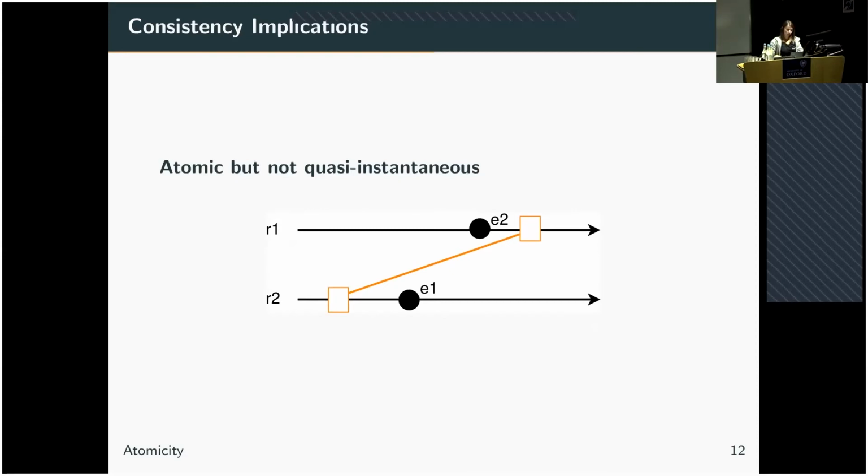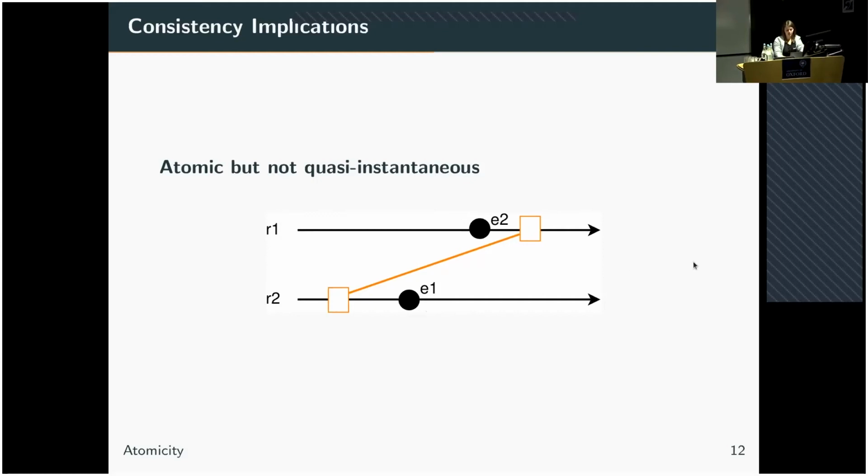So here we see an example of a snapshot that is atomic but not quasi-instantaneous. It's a really simple example because it needs to be atomic, as there are no causal relationships between E1 and E2. So for the causal effects, both processes are concurrent to each other.